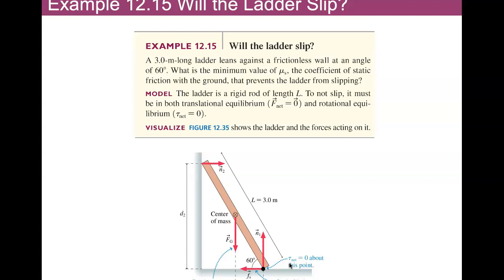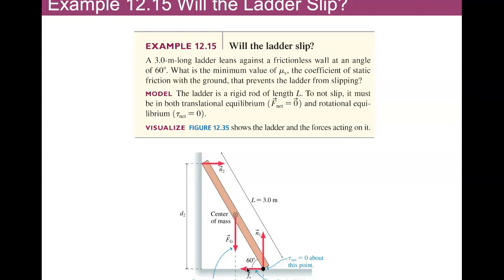Okay. So this is our ladder. We can think of it as having uniform density, so its center of mass is right in the middle. And it's leaning against the wall. There's no friction there at the wall. There is some friction on the ground. So we want to see how much friction we need to prevent this ladder from slipping, right?